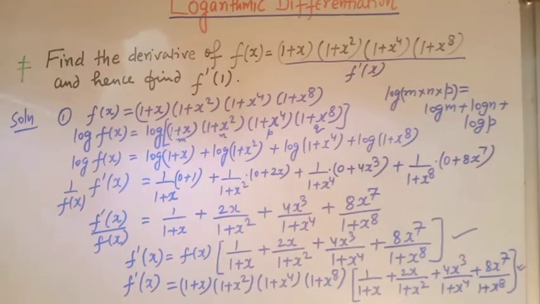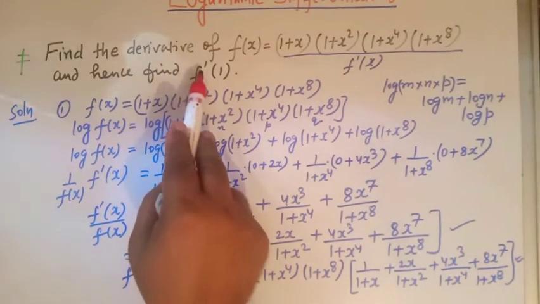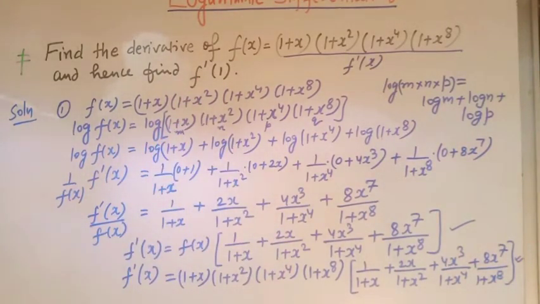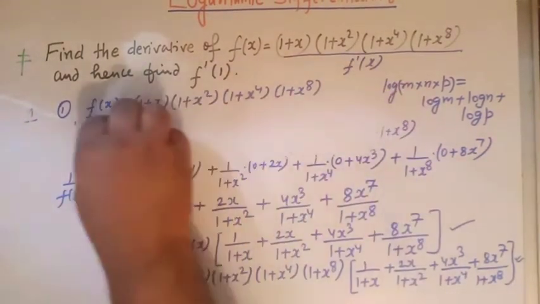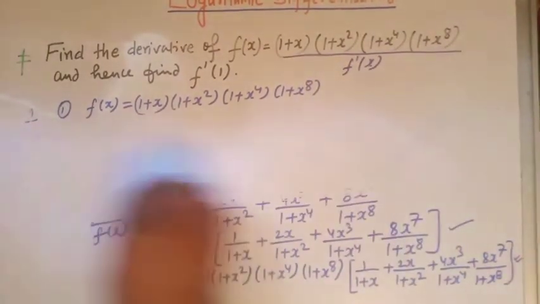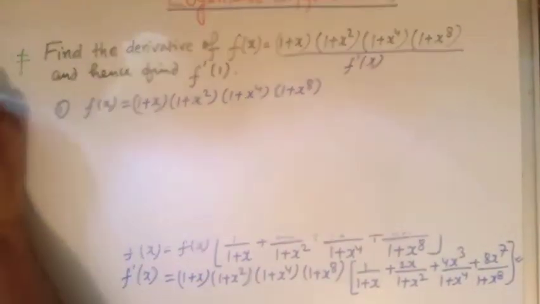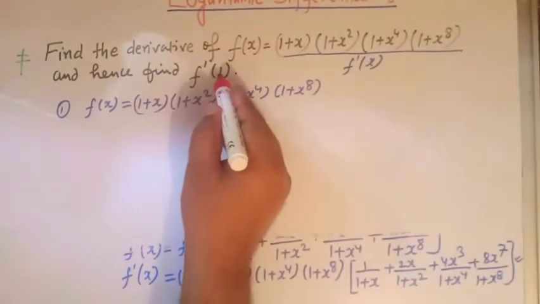Clear? Now viewers, we have to find the value of f prime of 1. So what we will do, we will find the value of the derivative at x equal to 1.